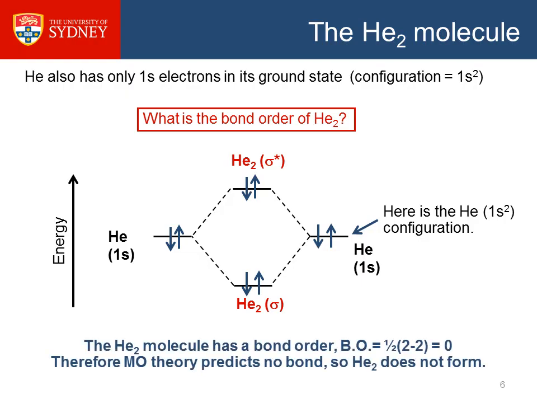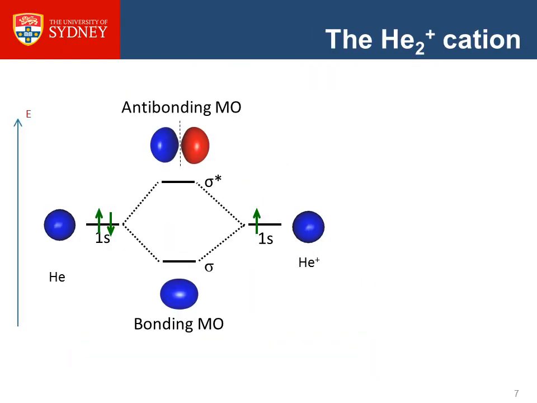This is confirmed by the bond order, which we can calculate. 1/2 times 2 minus 2 gives 0. Let's look at the bond order of the cation helium-2 plus. Let's imagine that this cation is formed by the approach of 1 helium atom with 2 electrons to 1 helium plus cation with 1 electron.